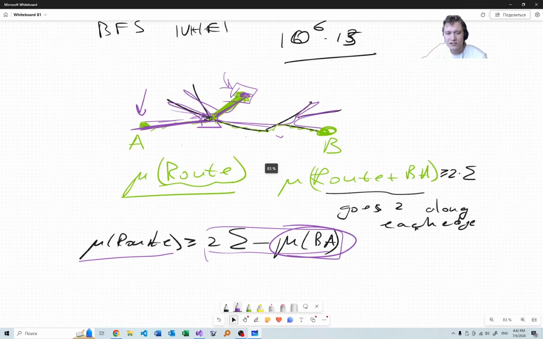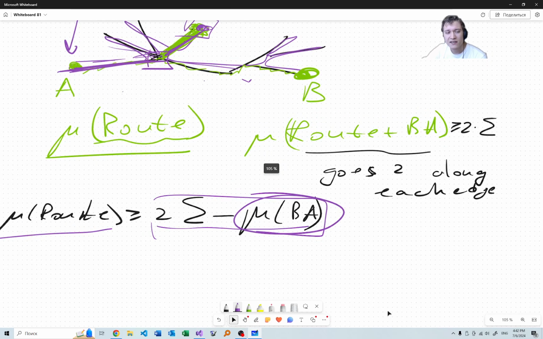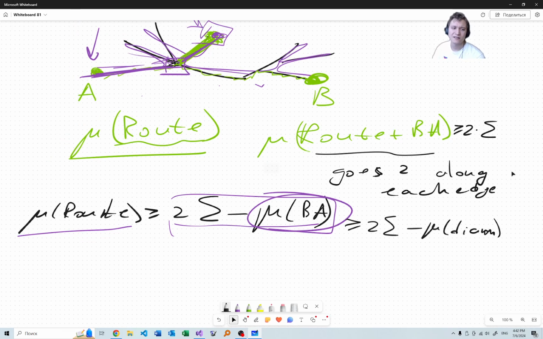You know that mu of BA is just the length of some path. Let's take the maximum possible path, which is the diameter. So we definitely know that this is at least 2 sigma minus mu of diameter. The diameter is the longest simple path in a tree. Therefore, you always know that mu of your route is at least 2 sigma minus diameter.